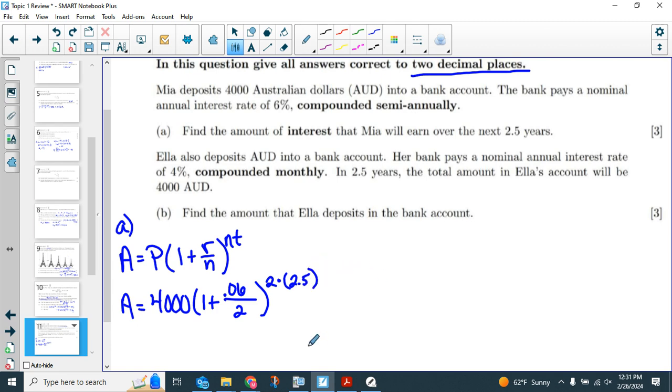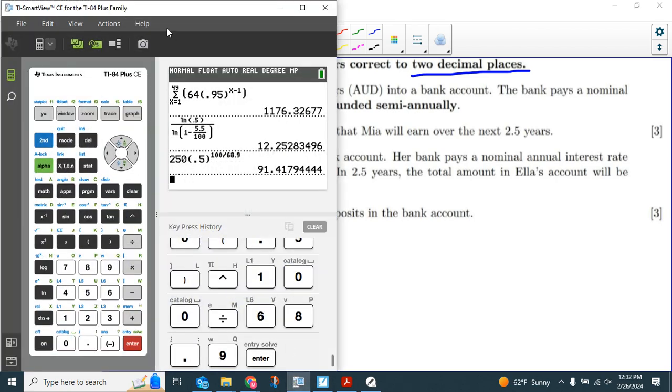Now, we have to be careful here. When I plug this in, it's going to give me my final amount. Is that how much interest I've earned? No. How do I determine how much interest I've earned? Subtract 4,000, however much over my original amount. That's how much interest has been earned.